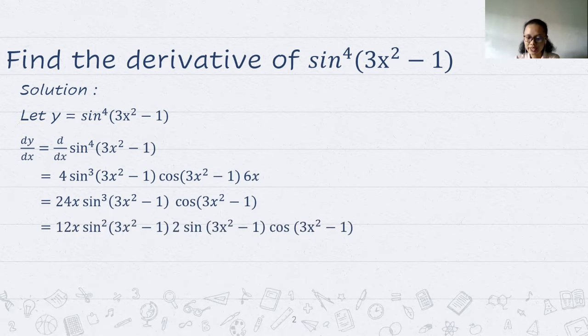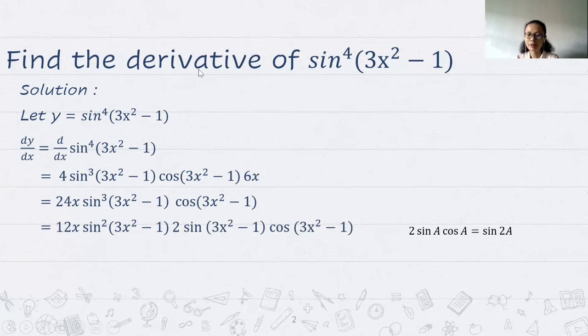And then we change to another form with the same value, which equals 12x sine squared of (3x squared minus 1) multiplied by 2 sine of (3x squared minus 1) multiplied by cosine of (3x squared minus 1).